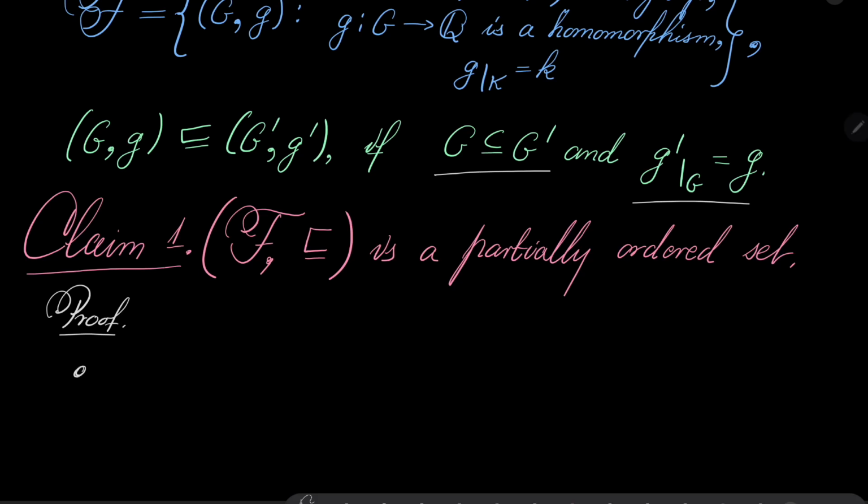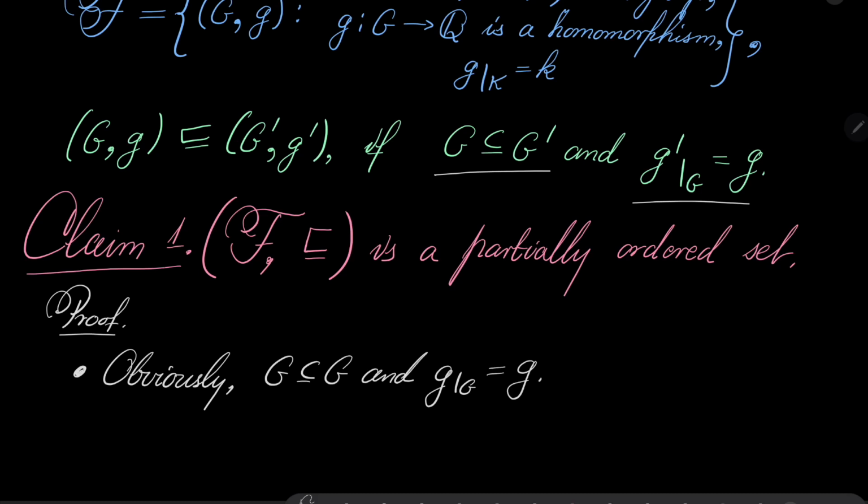Well, it is, because obviously, G is a subset of G, and any function G restricted to G is itself. So any pair G is in relation with itself.